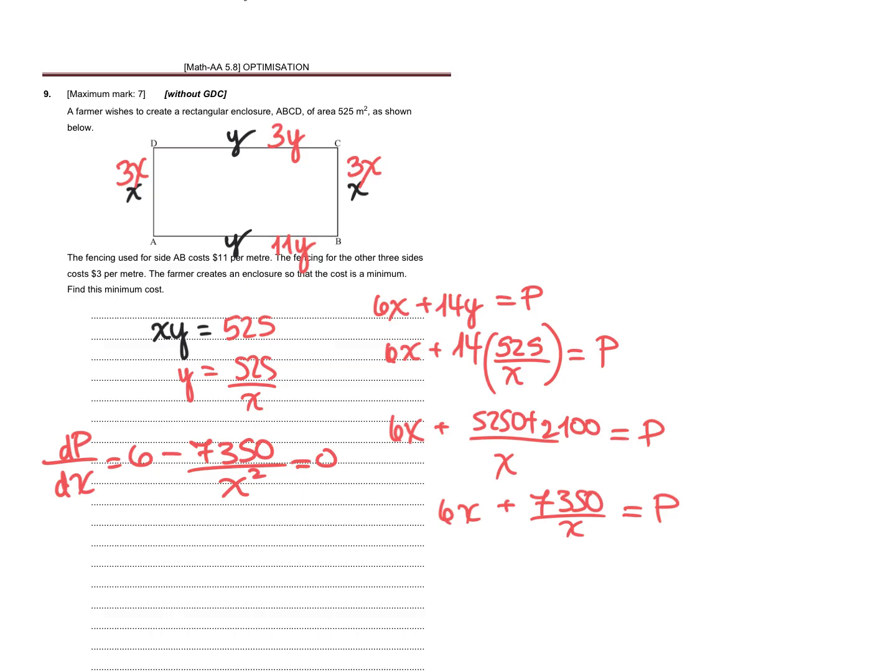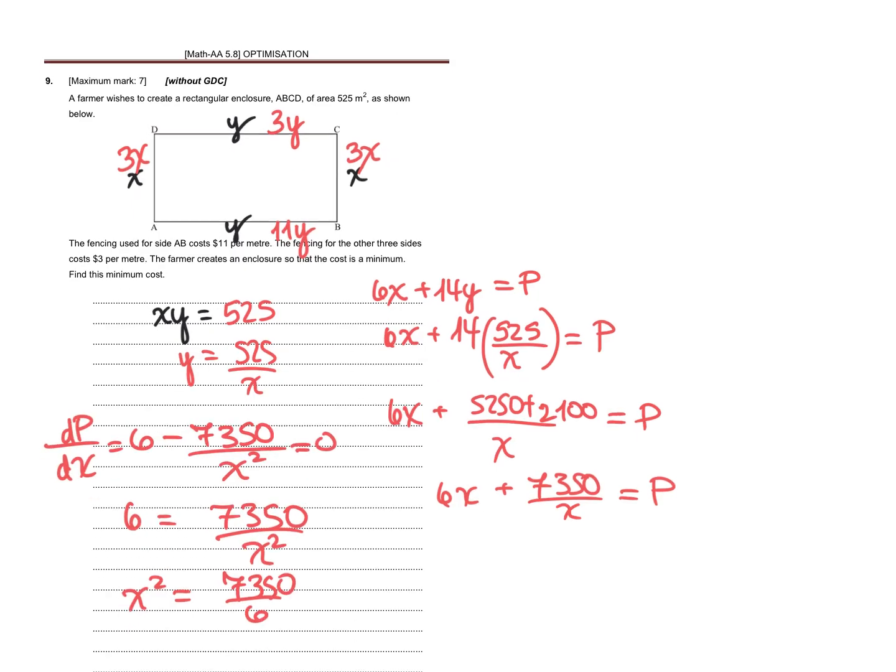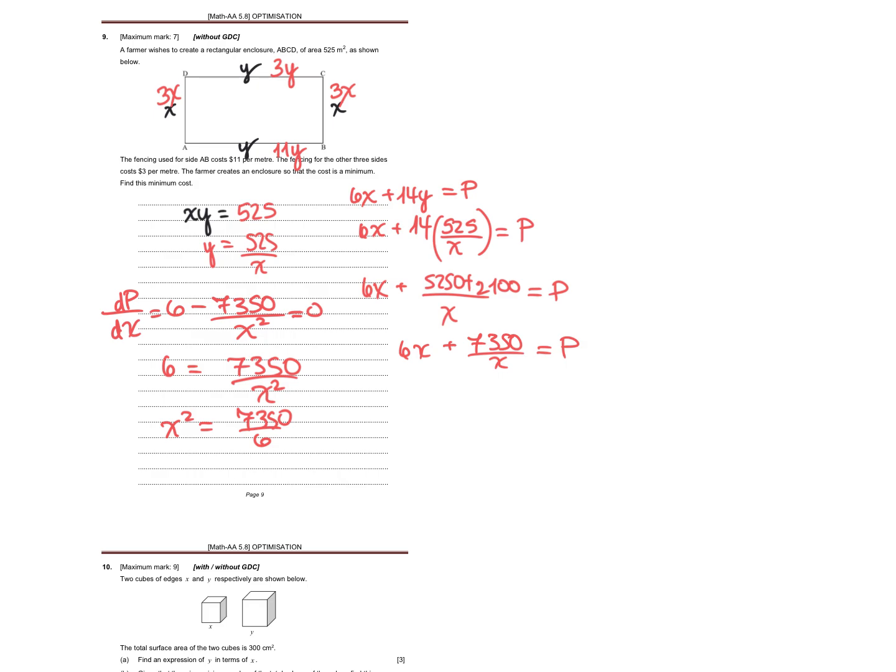So 6 equals 7,350 over x squared. So x squared is 7,350 divided by 6. And then plus or minus, but it's got to be the positive.